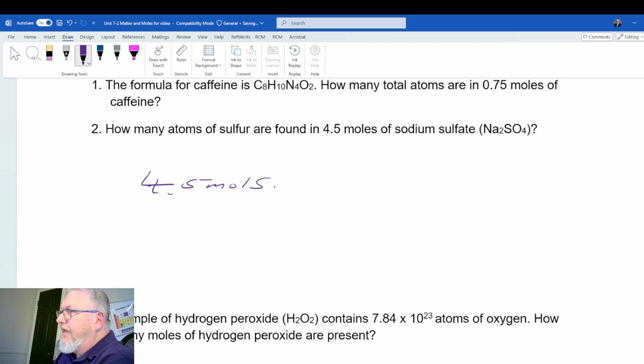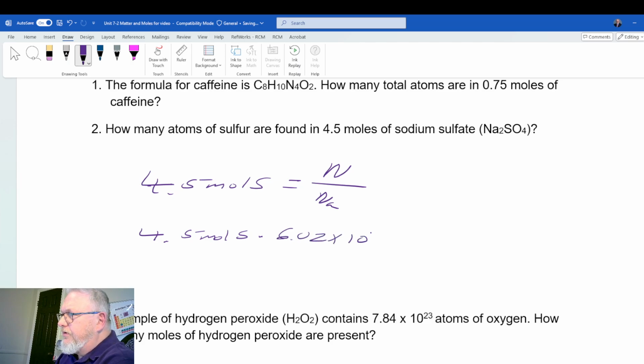That means I can do my big N over Na, just like we did earlier. We know what Na is, so all we really have to do is move things around a little bit. 4.5 moles sulfur times Avogadro's number, 6.02 times 10 to the 23rd, and that's going to be my number of particles.